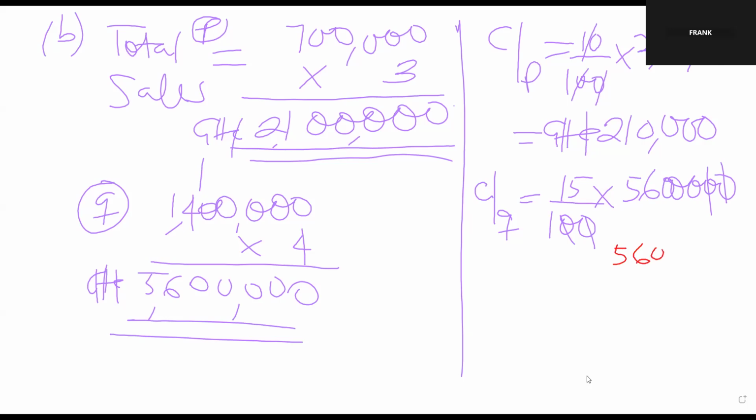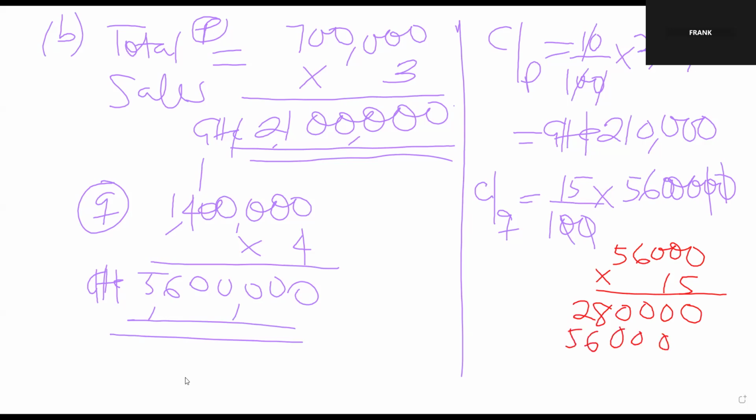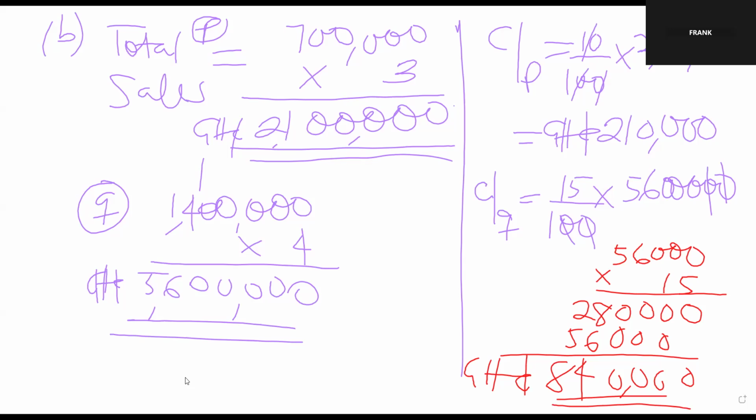Without the evidence, you lose the marks that follow after this. And that should be 840,000.